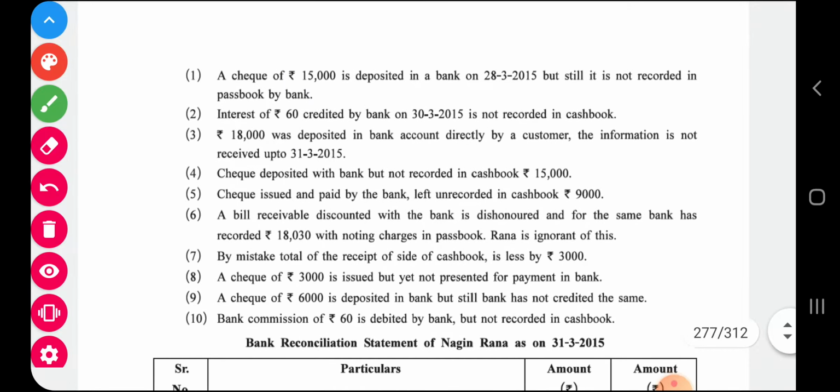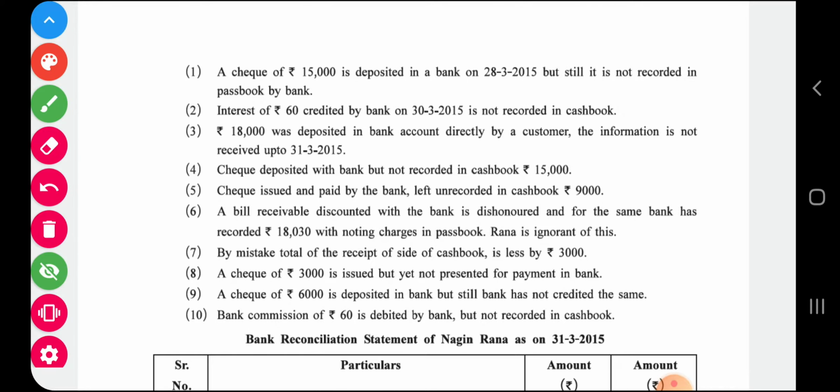Now let me explain when to debit and when to credit for these 10 reasons. A check of 1500 is deposited in bank but still is not recorded in passbook. That means in cash book the amount is debited, but in passbook this amount is not recorded, that means it is not credited.